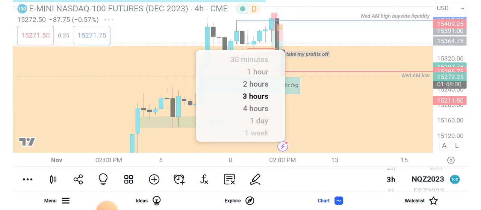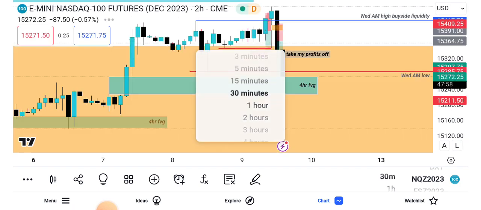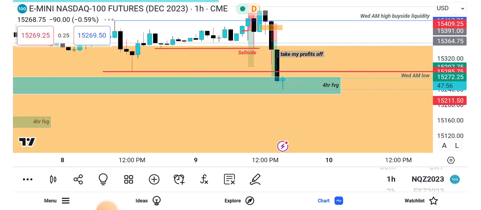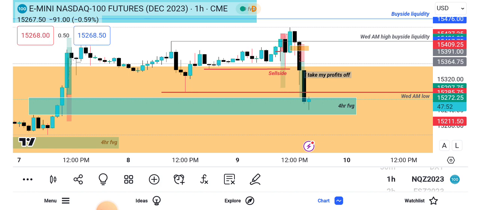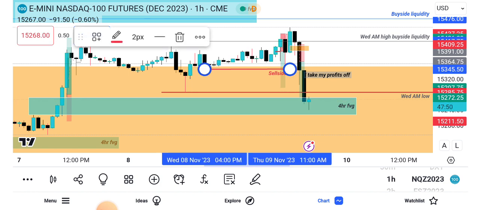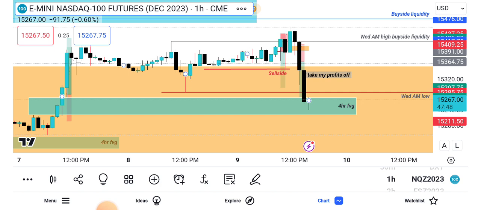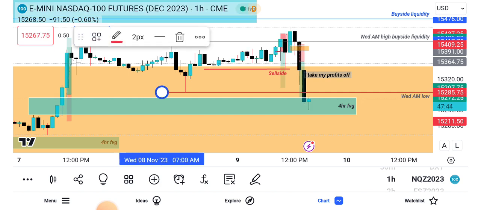So for today also I've been bearish. I wanted to see price retrace into this level, and so I had marked this. You can see a relatively equal sell side liquidity there. Also this one is the AM low, slash the PM, slash the lunch low.